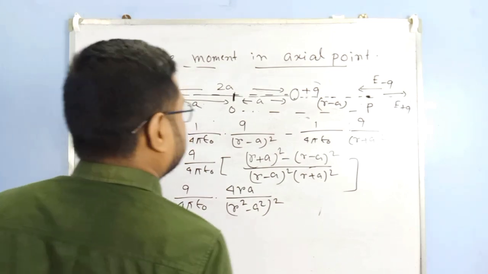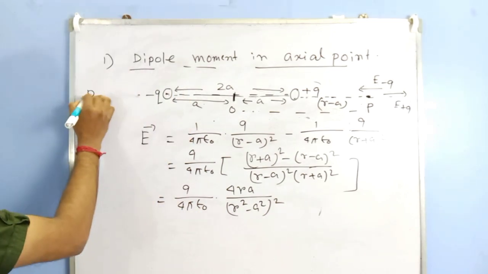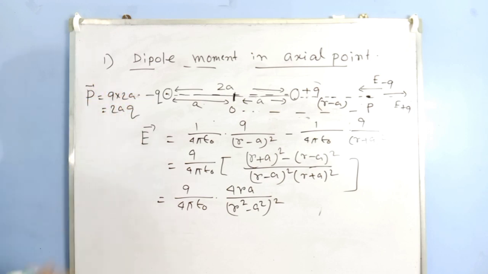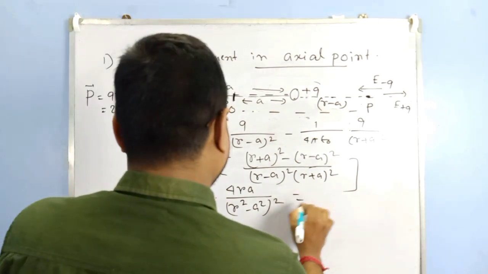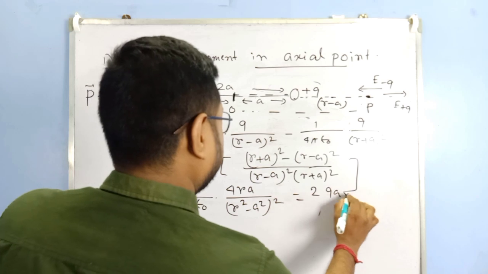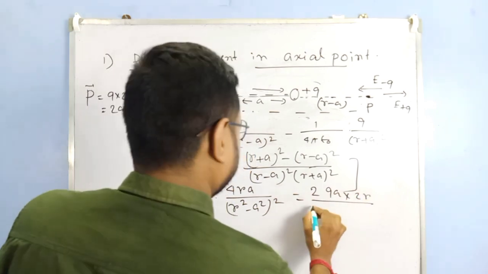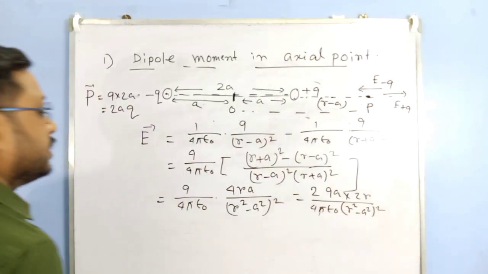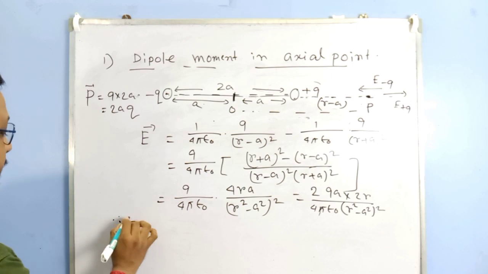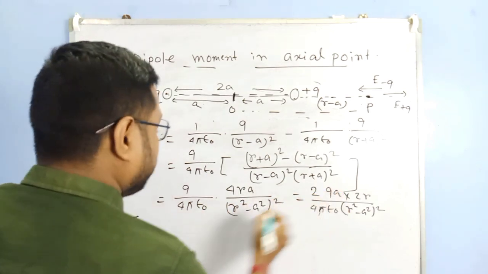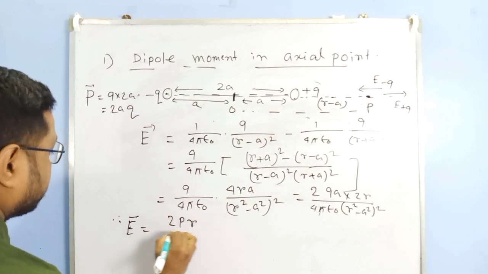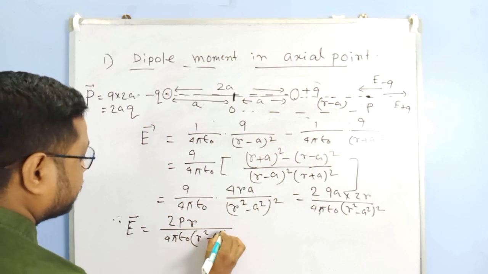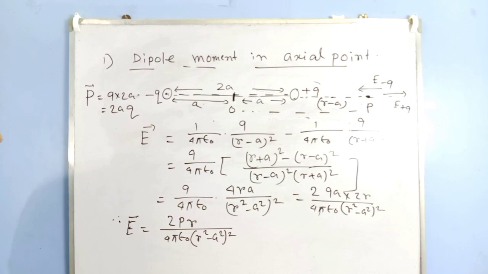Now the dipole moment, we know that P equals Q into 2A, or 2AQ. So we can get 2QA into 2R divided by 4 pi epsilon naught R square minus A square, whole square. So the value of E, with 2QA as P, is 2PR divided by 4 pi epsilon naught R square minus A square, whole square.